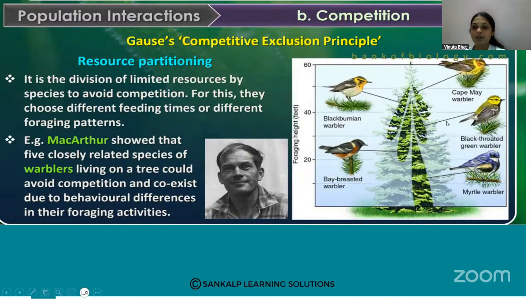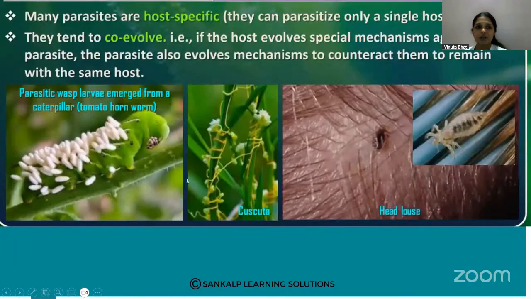They are competing for the same resources, and the resource is limited, but they change their foraging activity. Because of that, all five species of warbler survived. This is called resource partitioning. So this is about competition.